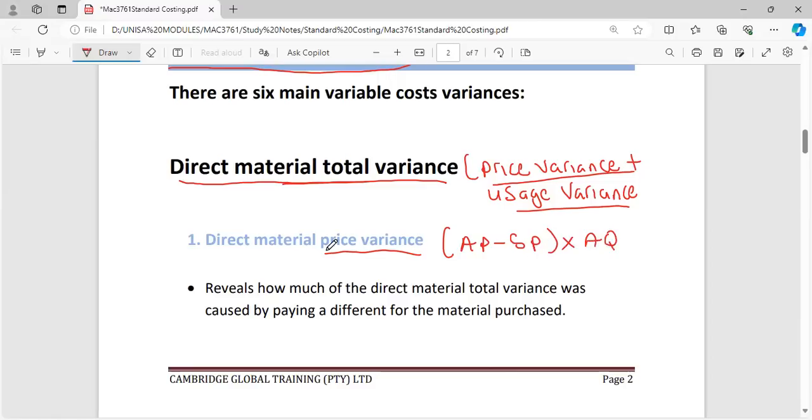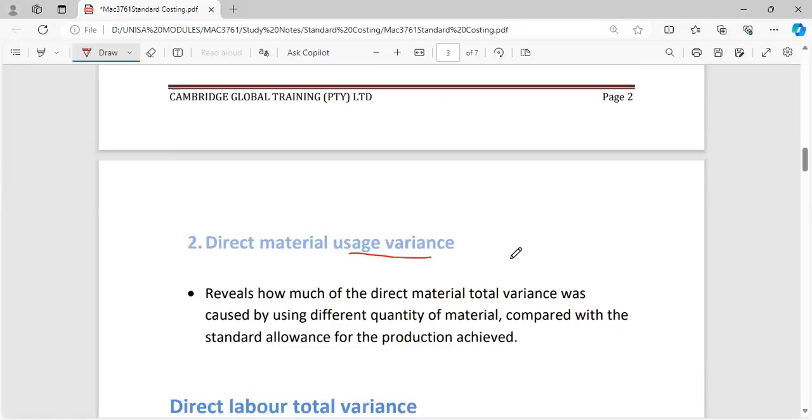That's your direct material. So if a variance requires you to do a price variance, you are looking at the difference between the actual price and the standard price. Then if a variance requires you to do a usage variance, which means you are looking at the quantity variance, in this case you are going to look at the actual quantity minus the standard quantity times standard price.